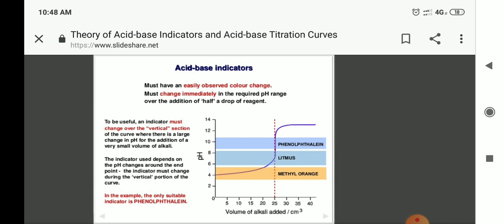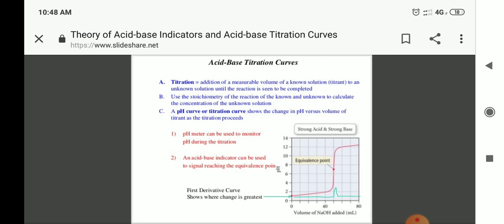The indicator used depends on the pH change around the end point. The indicator must change during the vertical portion of the curve. In the example, the only suitable indicator is phenolphthalein.